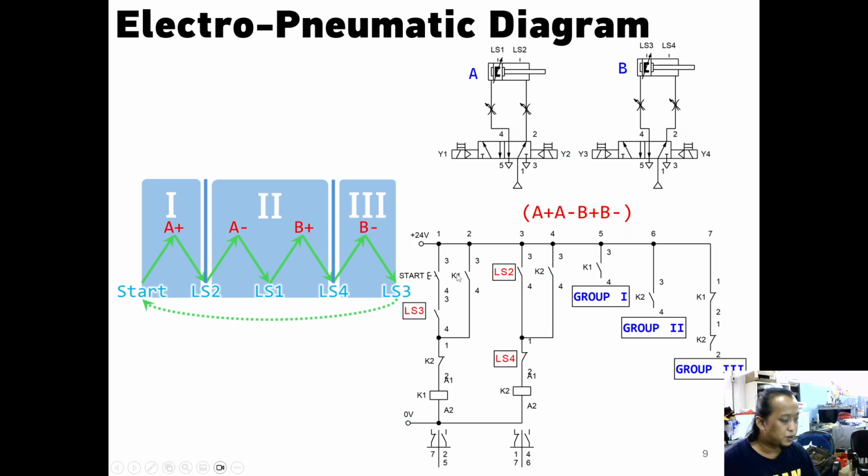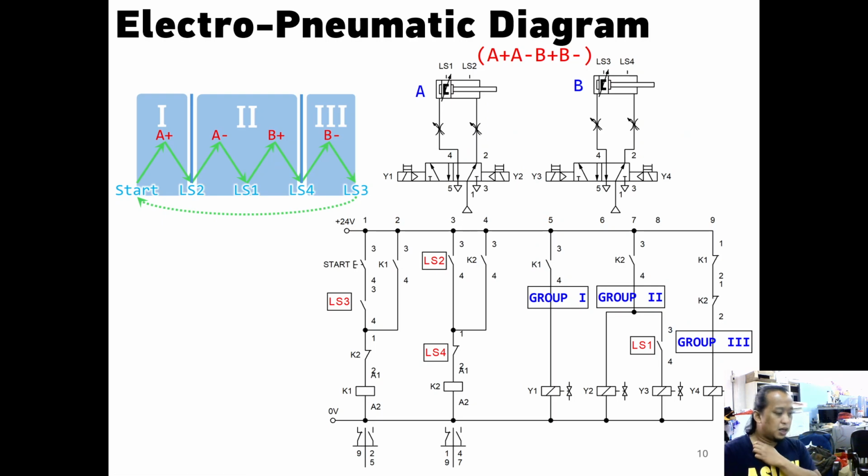There are three groups, and we can realize the output by using this diagram. For group 1, we can activate using the Y1 solenoid, electronically operated.